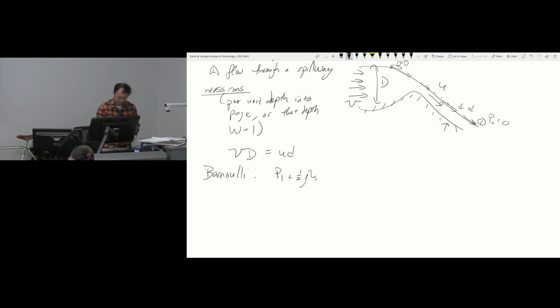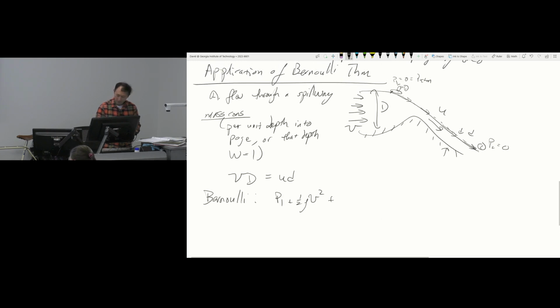So 1/2 rho v squared plus, now we had to name another variable here, so I don't have to write the z's, we'll call this a height h. Plus rho g h, and that goes into the base of the pressure at 2 plus 1/2 rho u squared.